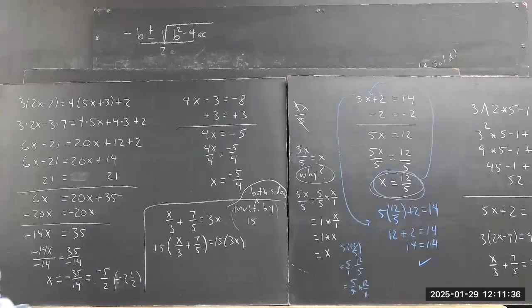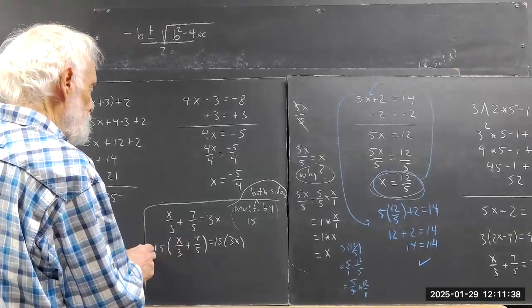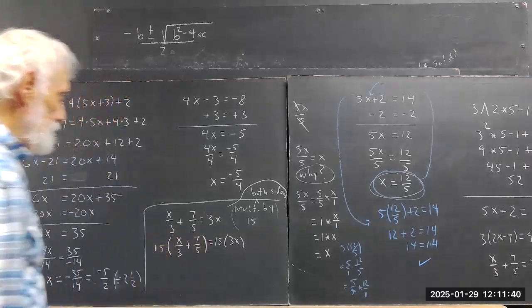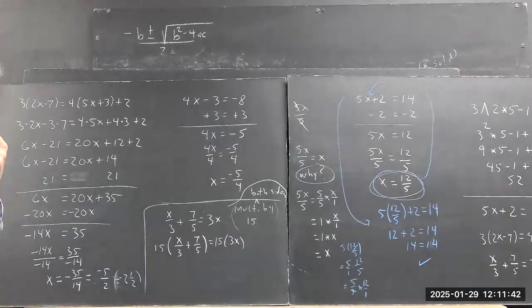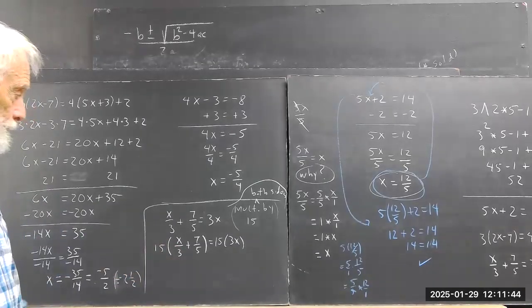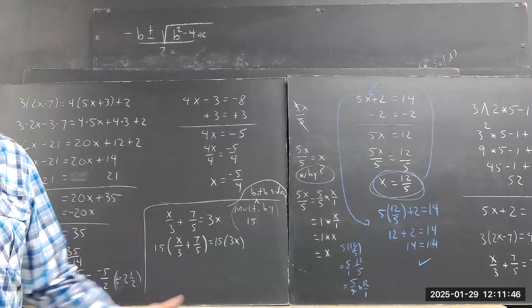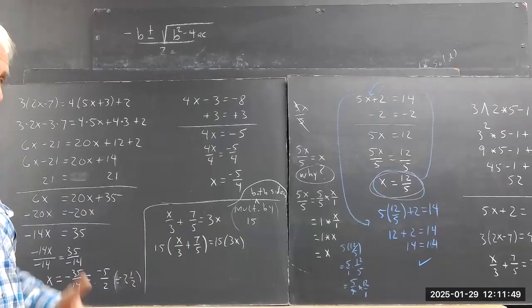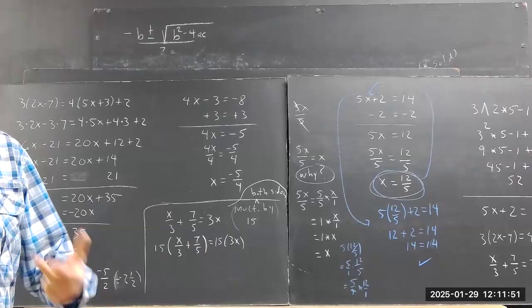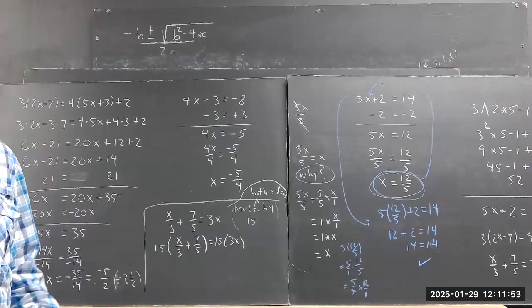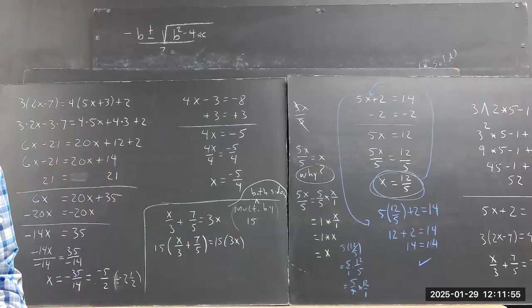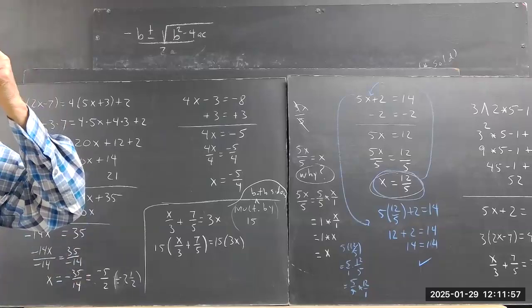And then we multiply this by 15 and we multiply this by 15. Now, I see some people multiplying this by 15 and just writing down 5x without the intermediate step. Well, that's right, and it's so right that you can probably get away with that. But let's just write out every step to be sure.